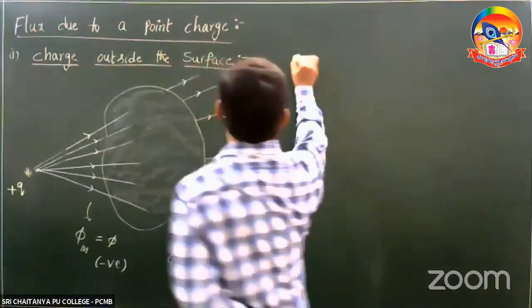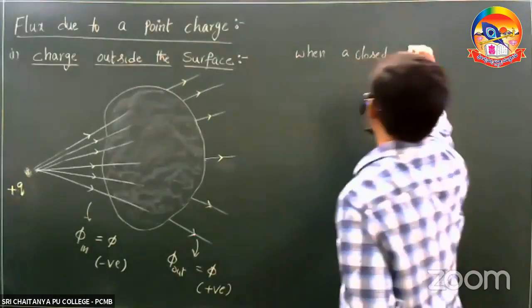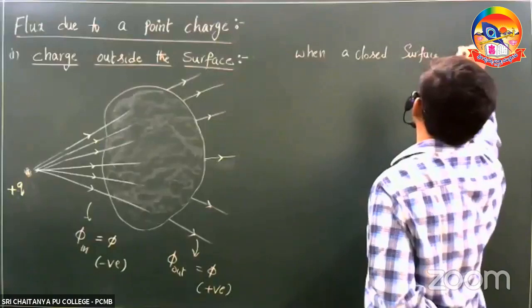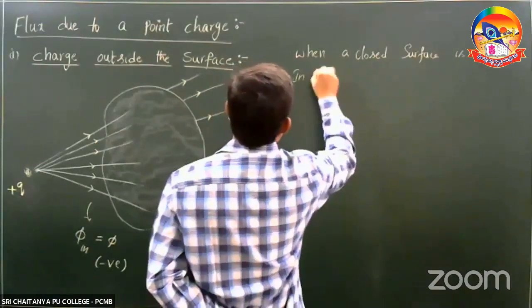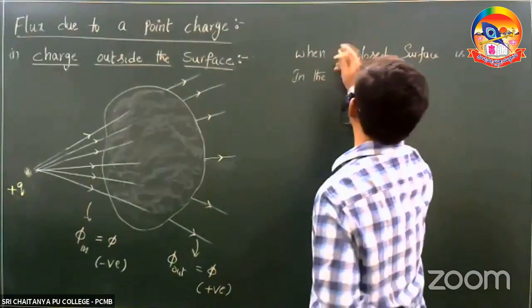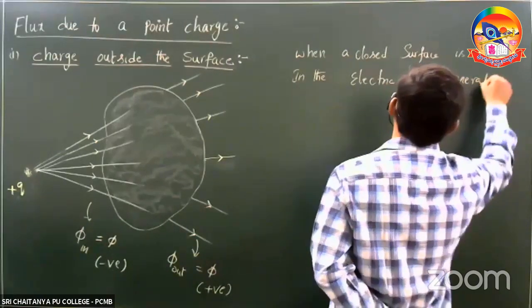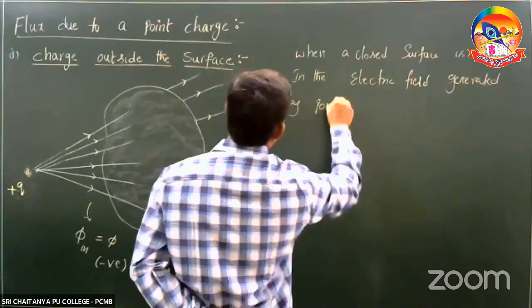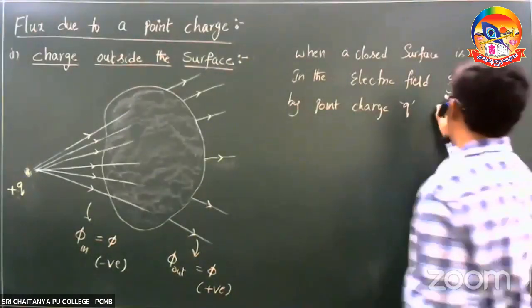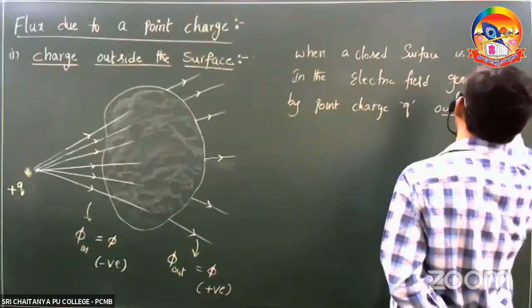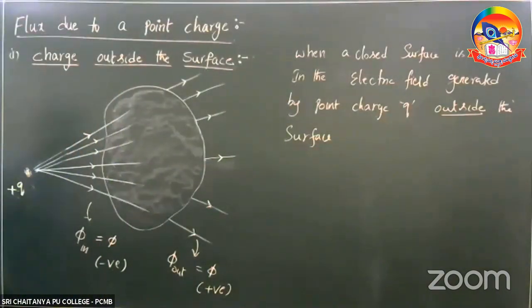So from the diagram, when a closed surface is taken in the path, in the electric field generated by a point charge Q, with the point charge Q outside the surface, what is our conclusion?